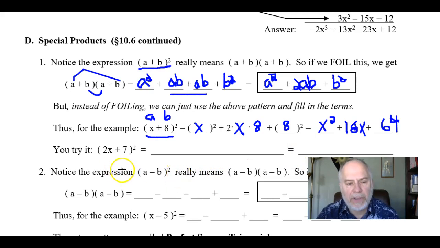Okay, you pause the video and try this next example, 2x plus 7 squared. Don't do it by FOILing, try to use the pattern. So what you would do is treat the 2x as the a and the 7 as the b. And so we're going to do a squared, so 2x squared. So I'll put that inside parentheses. There's 2x. And I'm going to square that.